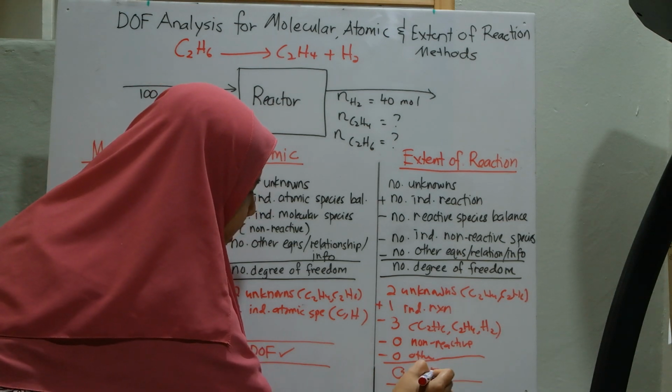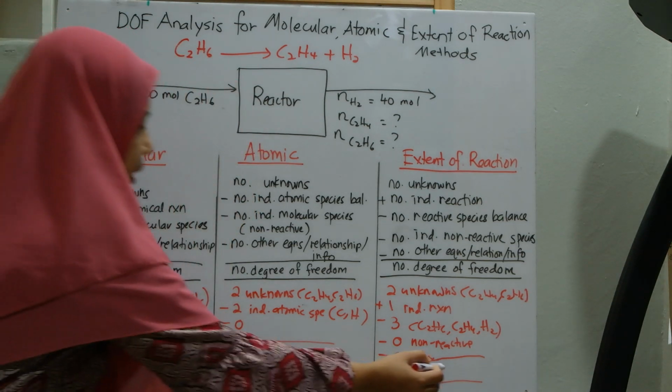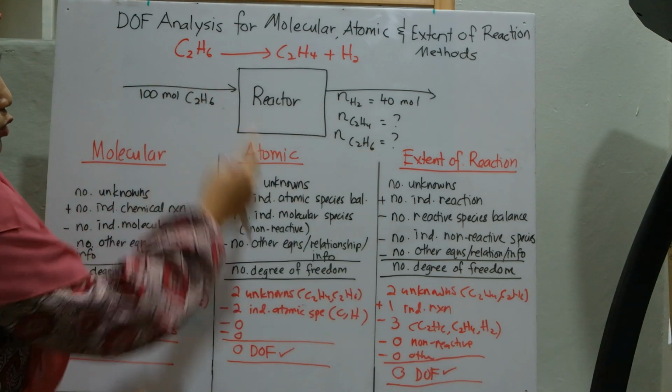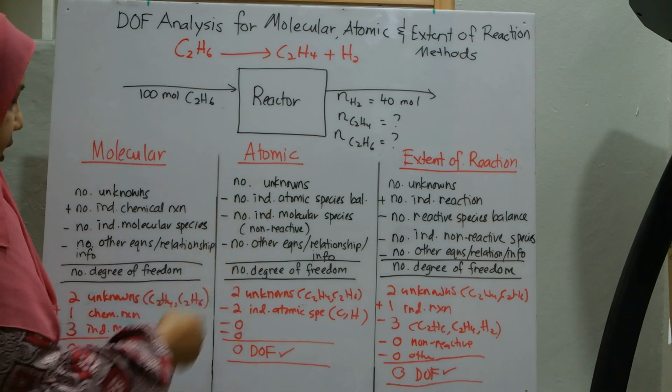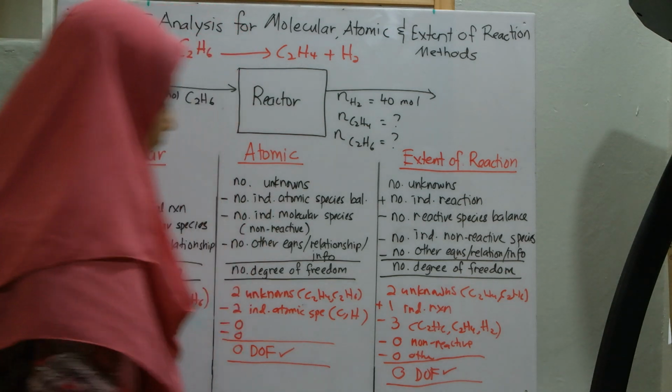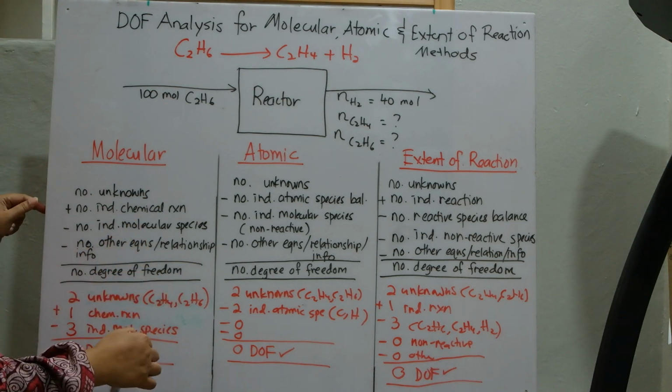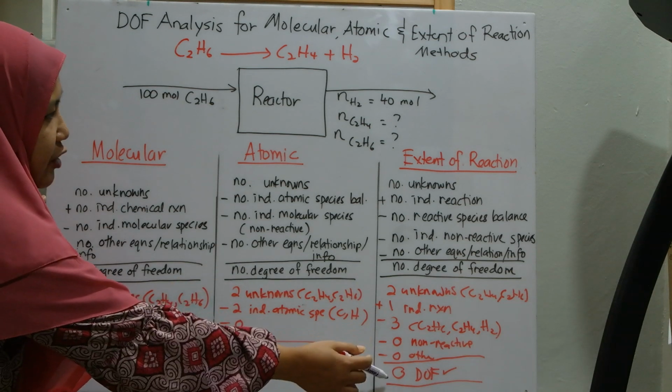So for this question, it is possible to be solved using extent of reaction as well. So you might want to try this by yourself and see whether you can solve it using atomic and also extent of reaction.